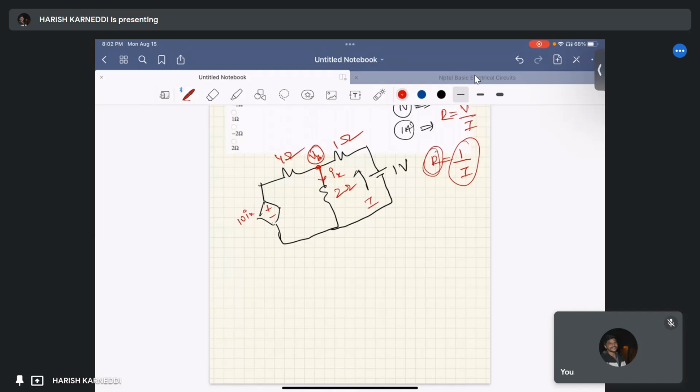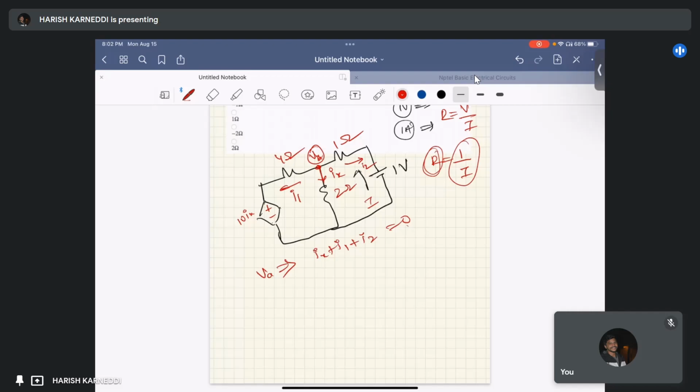VA. This current is, let us suppose, I1. This current is, let us suppose, I2. So the nodal analysis at node A is Ix plus I1 plus I2 equal to 0, right? This is just KCL only.